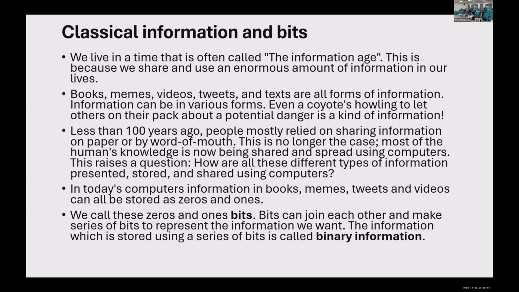In today's computers, information in books, memos, tweets, and videos can all be stored as zeros or ones, right? We call these zeros and ones bits. Bits can join each other and make series of bits to represent the information we want. The information which is stored using a series of bits is called binary information, right?